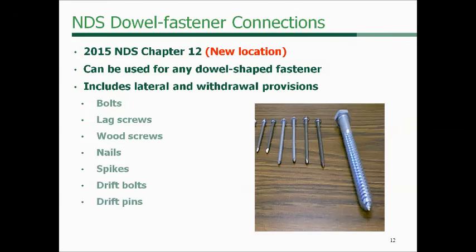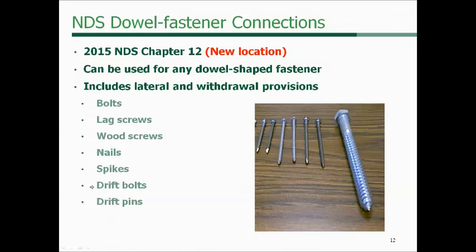But then we get into NDS chapter 12, and that is for dowel type connections. And again, it's a new location, but our dowel type or dowel shaped fasteners include bolts, lag screws, nails, wood screws, spikes, drift bolts, and drift pins. The drift bolts and drift pins are really nothing more than large dowels without heads or nuts on the other end.